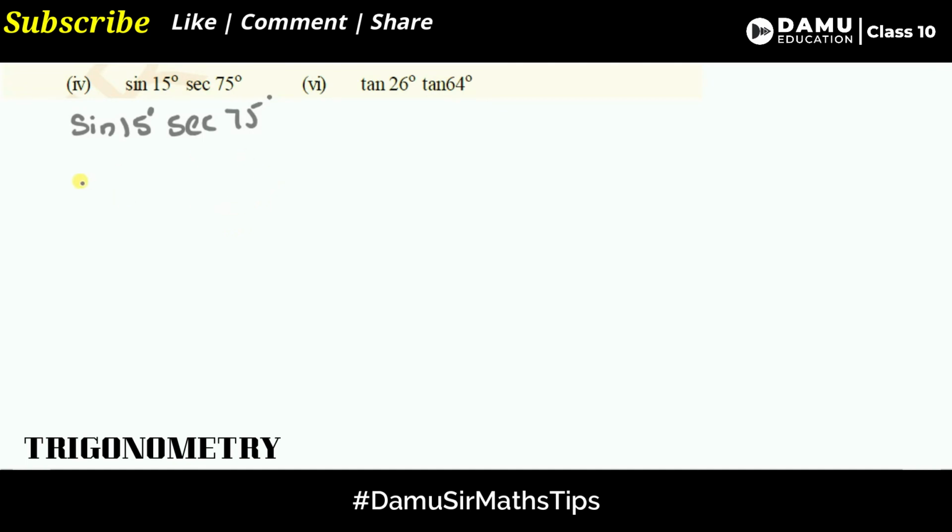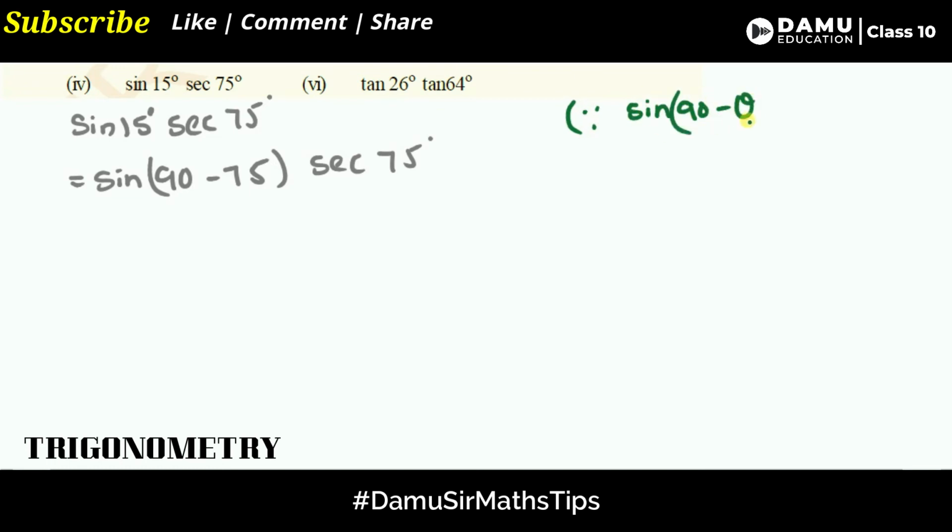The formula is sine of 90 minus theta equals cos theta, so we get cos 75 degrees secant 75 degrees.